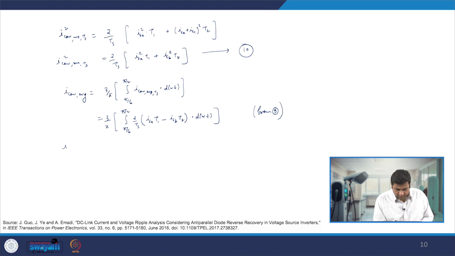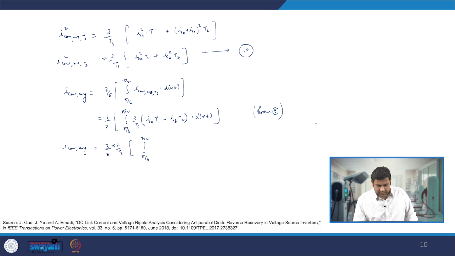Now let us put our T1 and T2 values from equations number 7 and 8. If we put these, I converter average will be 3 by pi, this 2 by Ts we can take out, pi by 6 to pi by 2, and since we are doing it for the line cycle, our I_SA will now become equal to Is peak sin omega t, I_SB will be Is peak sin of omega t minus 2 pi by 3, and I_SC is nothing but Is peak sin of omega t minus 4 pi by 3.